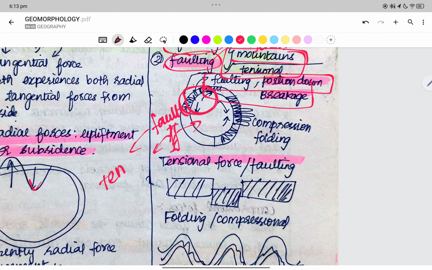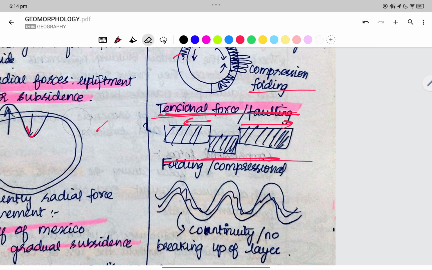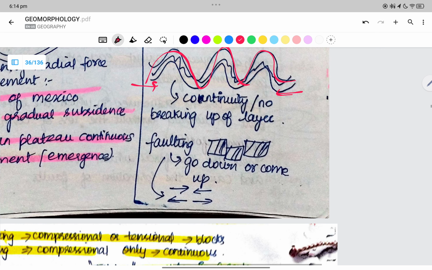Here faulting takes place, a breakdown of the portion, but here we have compressional forces and folding. Because of the tensional forces faulting is taking place, and because of the compressional forces folding is taking place.